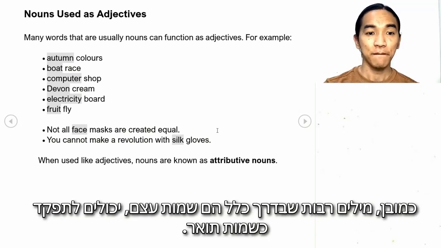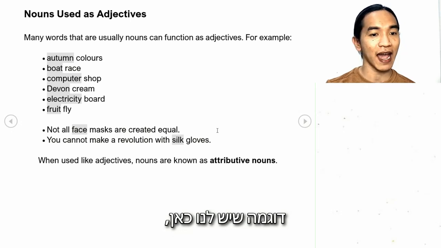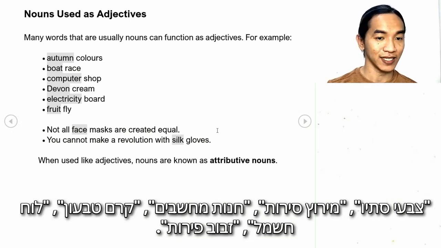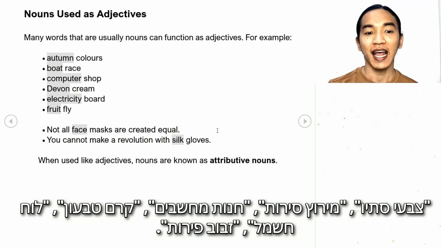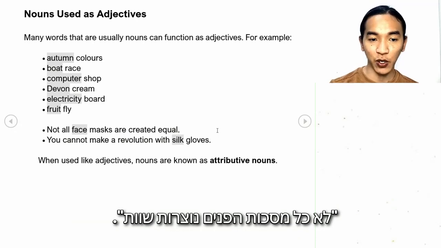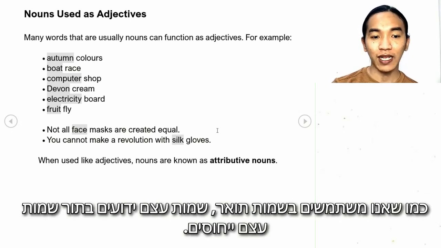Of course, many words that are usually nouns can function as adjectives. For example, that we have here, autumn colors, boat race, computer shop, Devon cream, electricity board, fruit fly. Not all face masks are created equal. You cannot make a revolution with silk gloves. We use like adjectives.